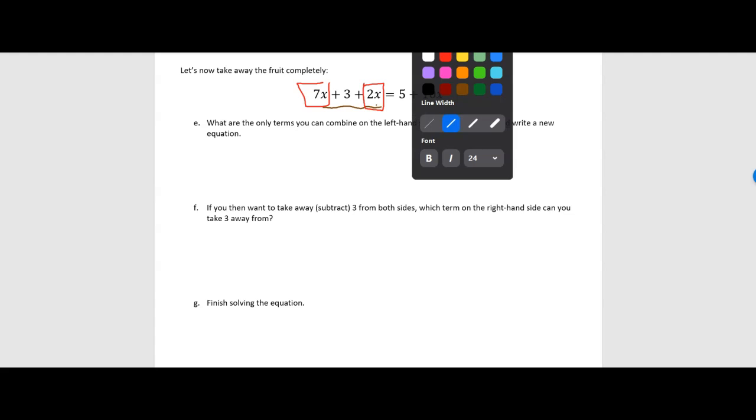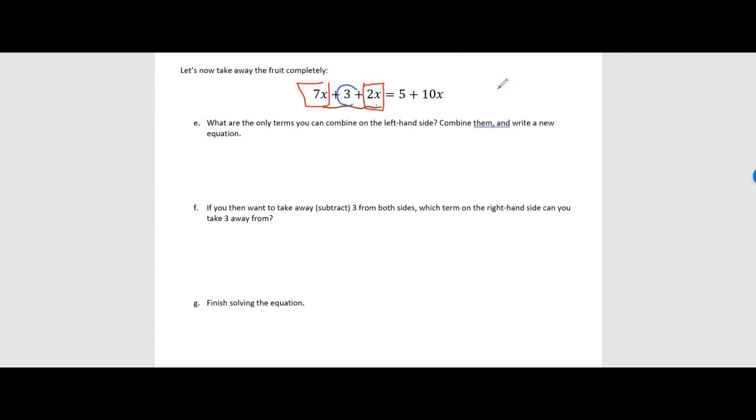Well, if we think back to this concept that you've probably heard of like terms, right? We can only combine terms that have the same variable or terms that are only numbers, right? So in this example, we can combine the 7x and we can combine the 2x, but we cannot combine the 3 because that is like an orange, right?